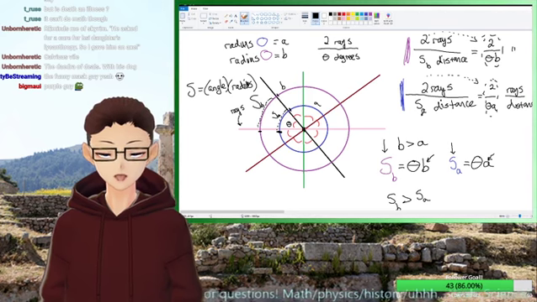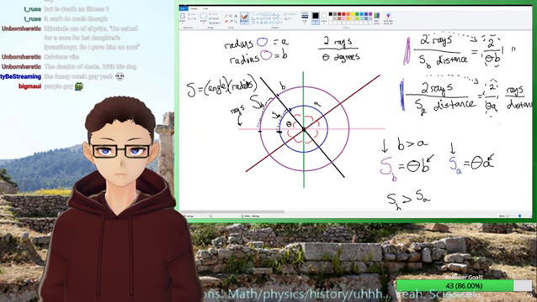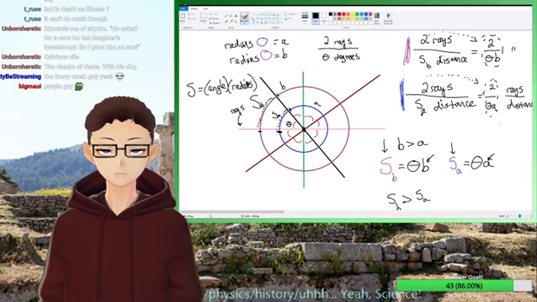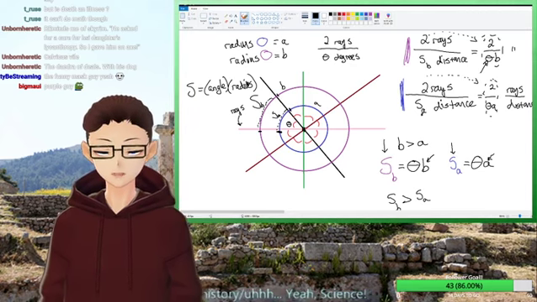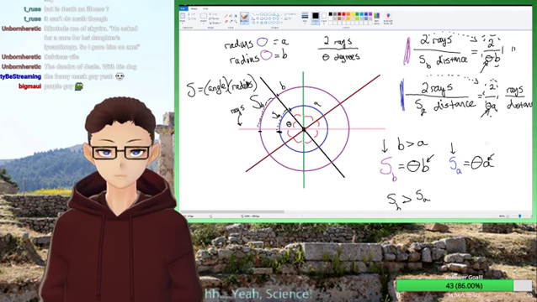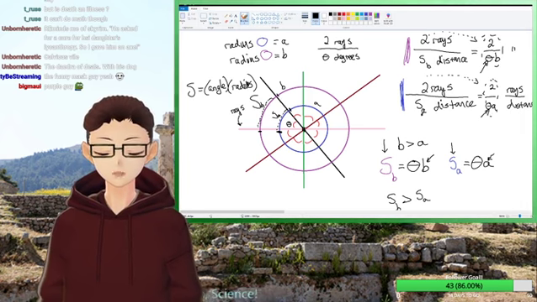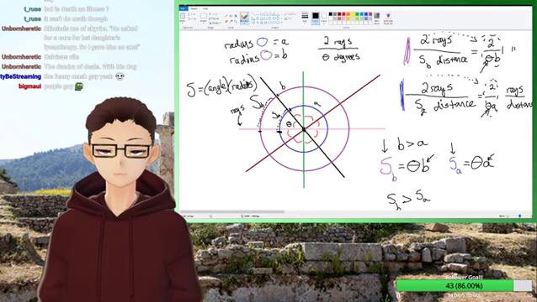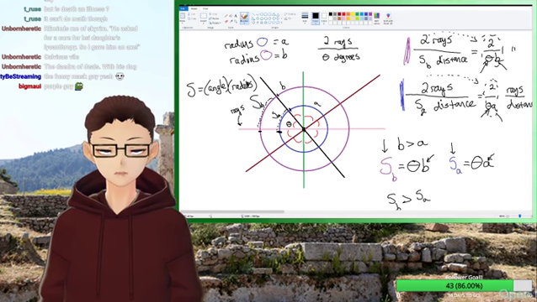Now, notice how both of these things have theta in common? I purposely did this whole thing where the angle is the same. But I did change the radius of these circles.